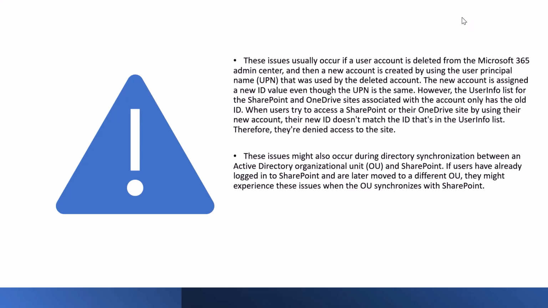The new account is assigned a new ID value even though the UPN is the same. However, the user info list for the SharePoint and OneDrive sites associated with the account only has the old ID. So when users try to access SharePoint or their OneDrive site using their new account, their new ID doesn't match the ID in the user info list. Therefore, they are denied access to the site.